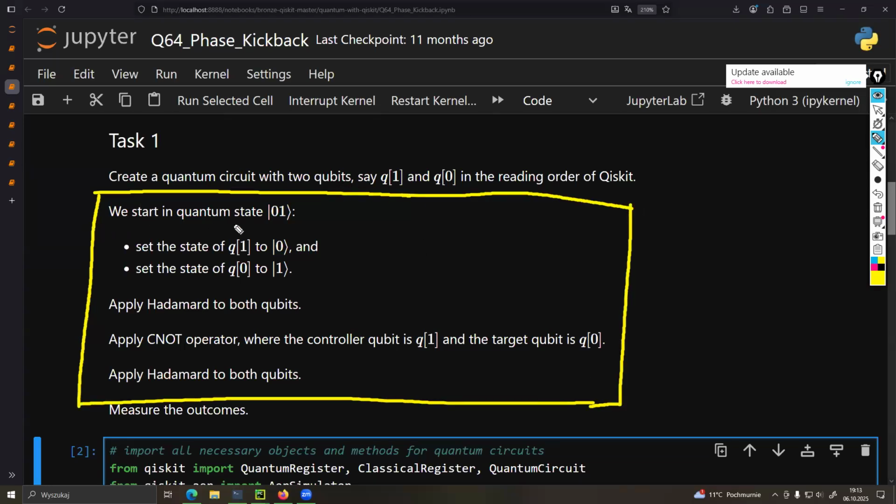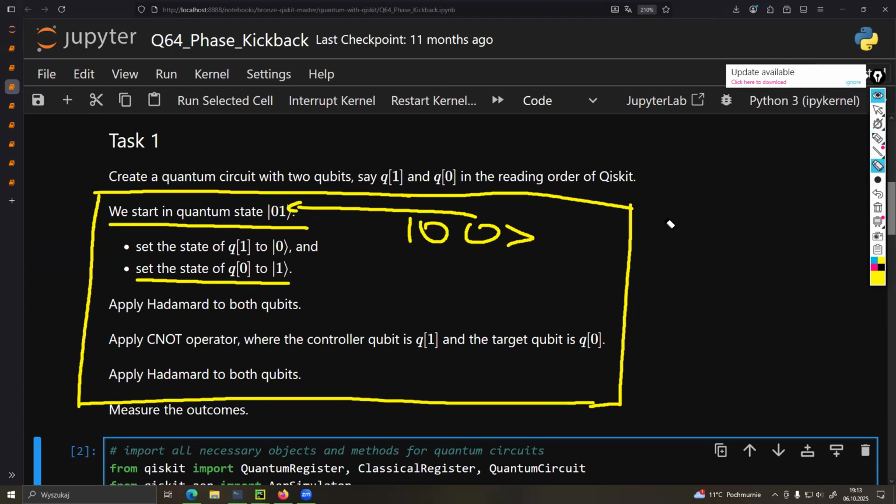Let's first set these states. We start in a quantum state 0, 1. Well, we always start at 0, 0, so we need to prepare this one at first. That is why we have to apply our X gate to our qubit 0.